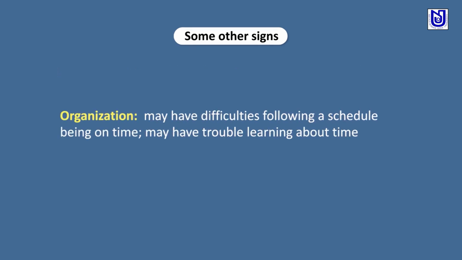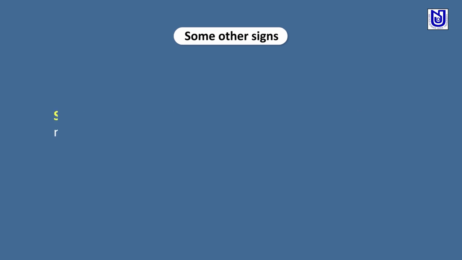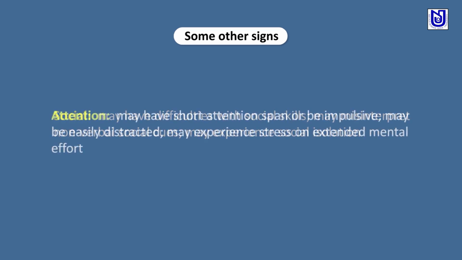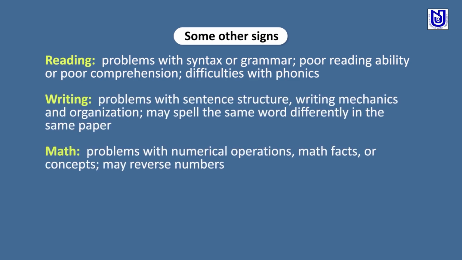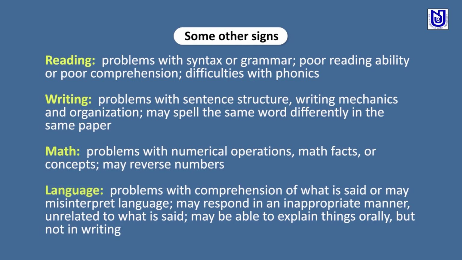Then organization, that is also another area where they lack. They may have difficulties following a schedule or being on time, and may have trouble learning about time also. Then social skills also differ. Attention span: they may have a short attention span, or they may be very impulsive, sometimes easily distracted. Then, as I already mentioned, they have problems in reading skills, writing skills, math skills and language skills.